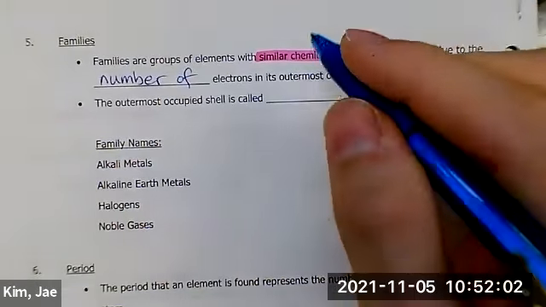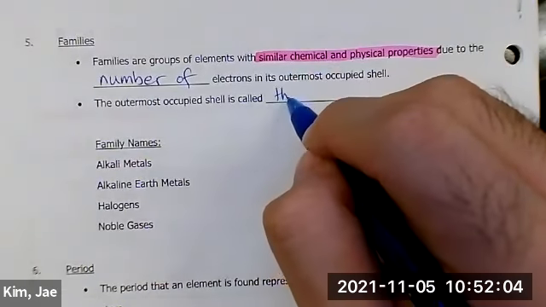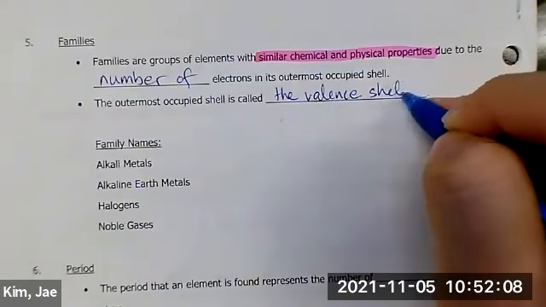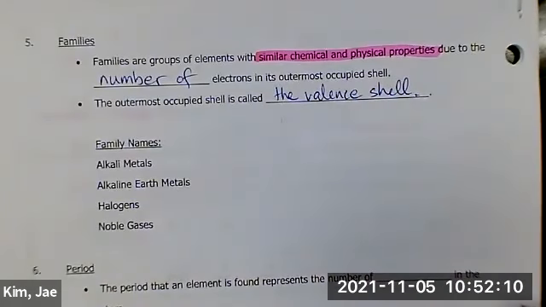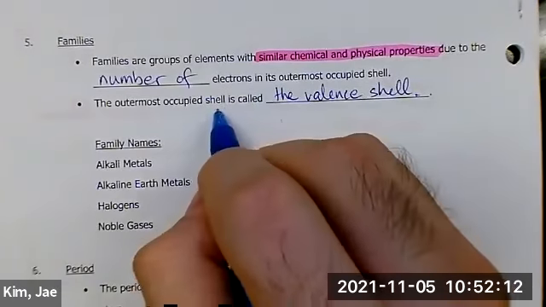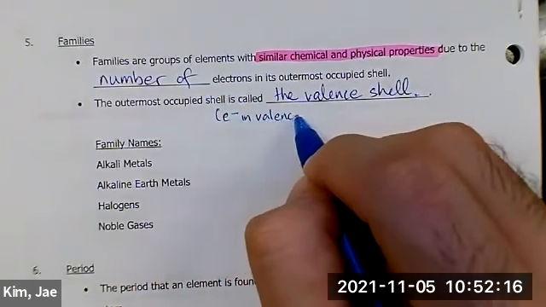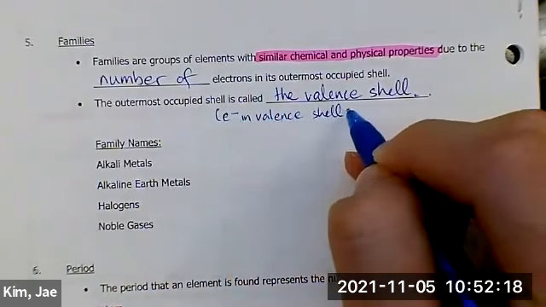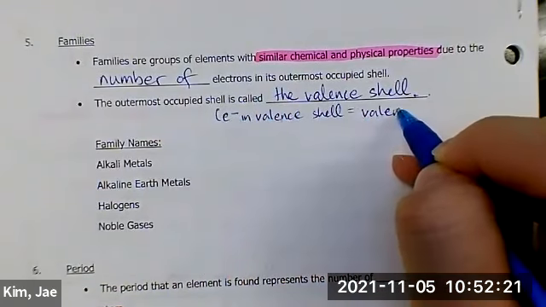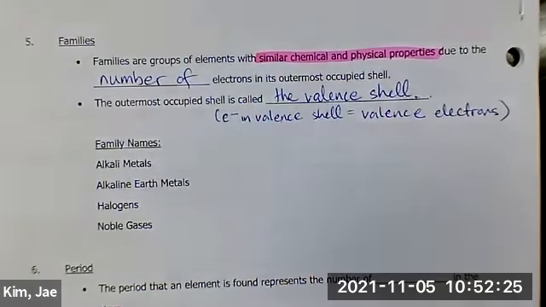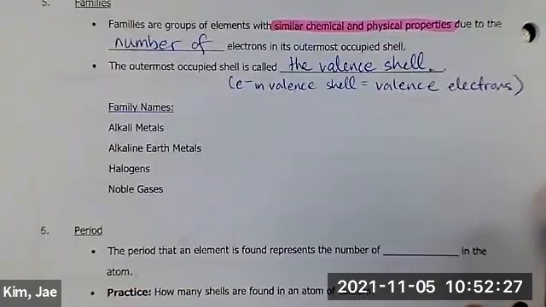The outermost occupied shell is called the valence shell. And of course, remember the electrons in the valence shell are called valence electrons.